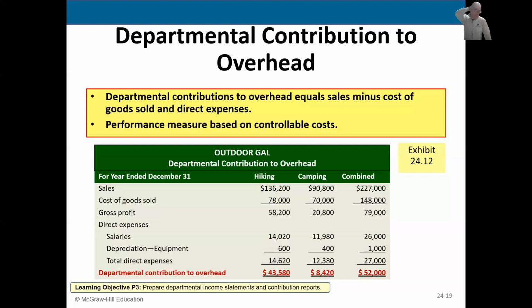Okay, so you know how to allocate the direct and indirect expenses in the service department to the operating departments.